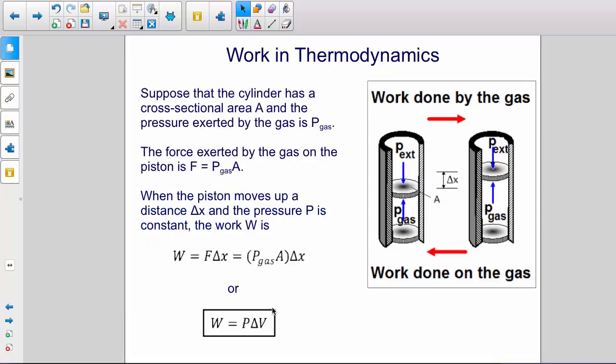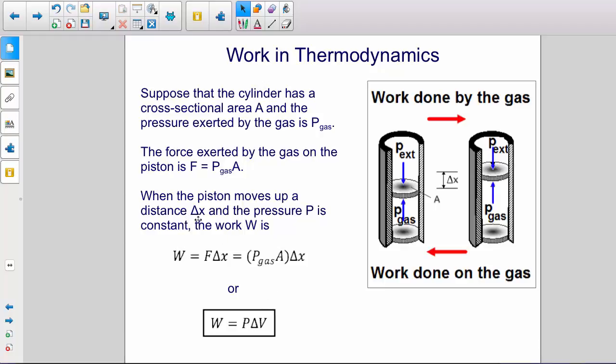Now let's make this a little bit more mathematical. Suppose that the cylinder has a cross-sectional area A, and the pressure exerted by the gas is P gas. The force exerted by the gas on the piston is the pressure multiplied by the area.